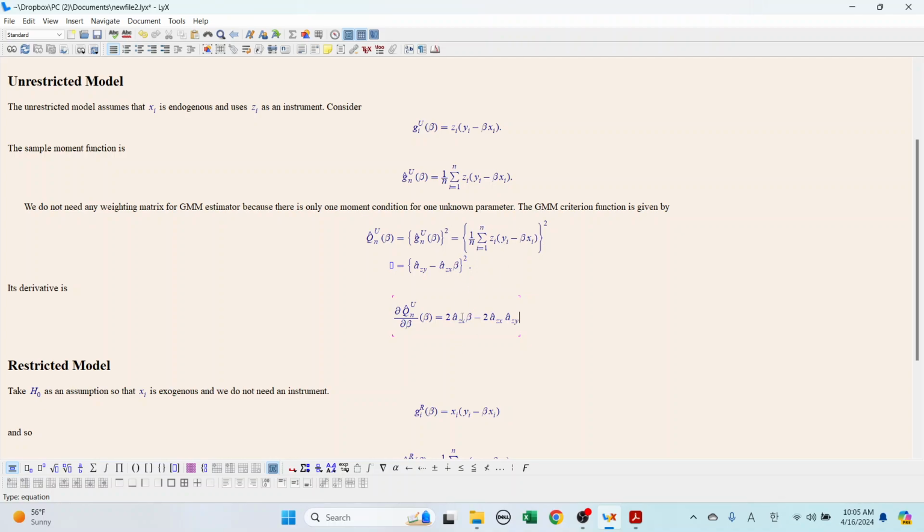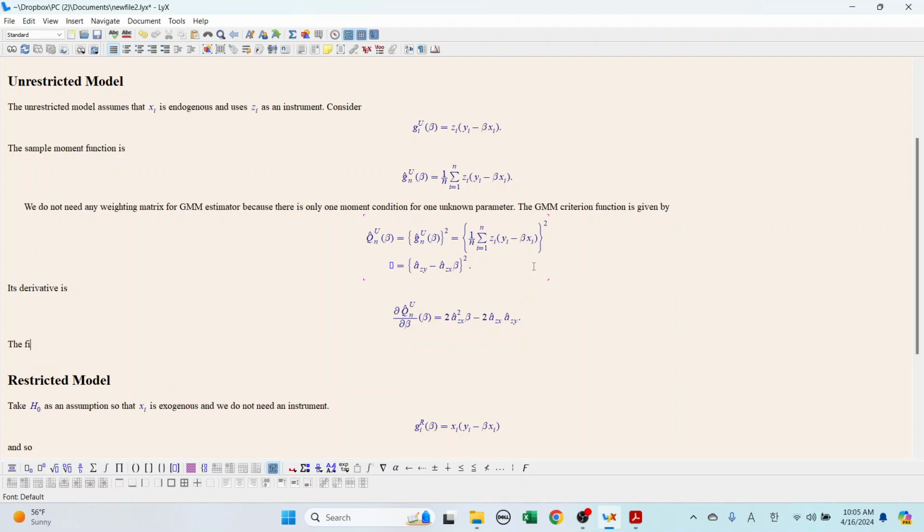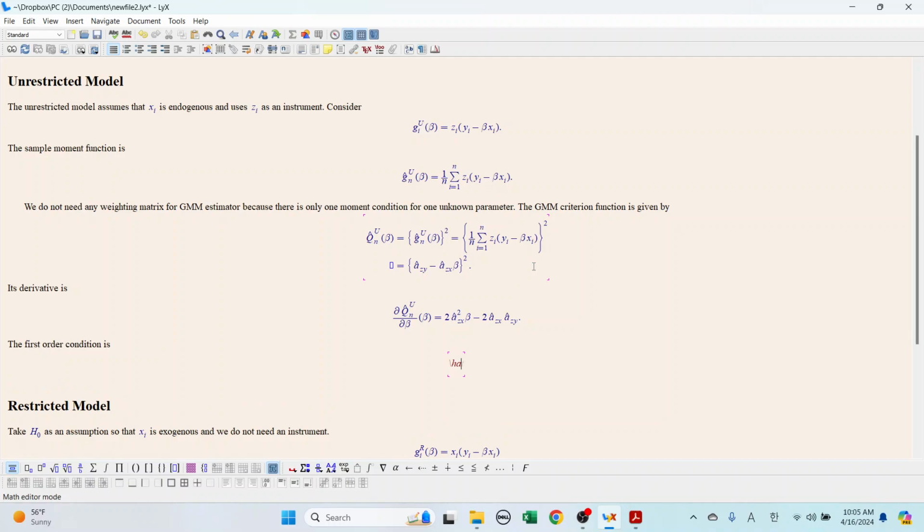Okay, let me see. You have to square there. And the first order condition is that this derivative equals 0 when beta is beta hat.